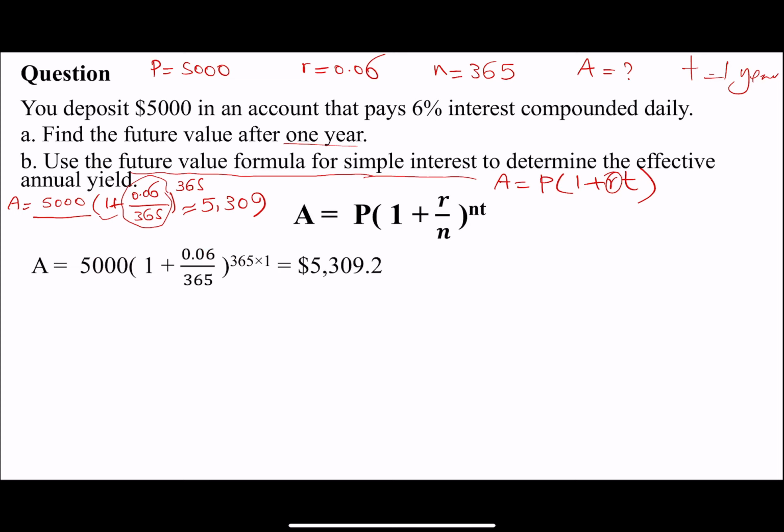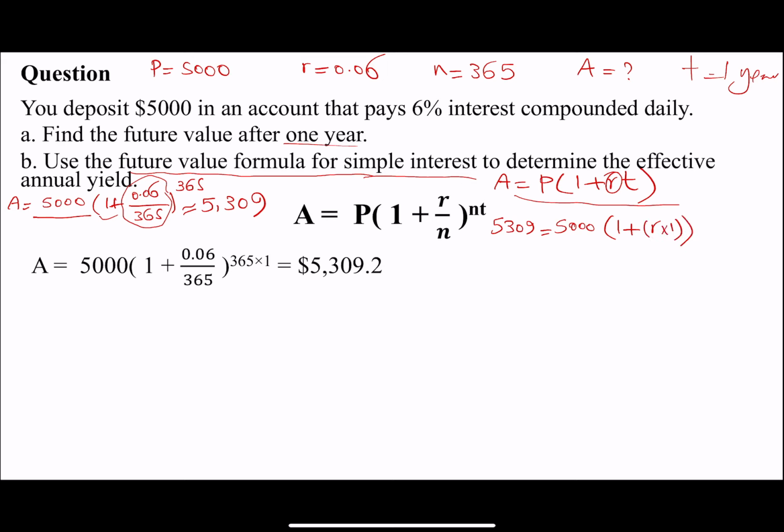Now, part B says use the future value for simple interest to find the effective annual yield. We wrote down the equation for simple interest, and I want to find R. Future value is around 5,309. Principal is 5,000 times 1 plus R times T, which is 1 year.